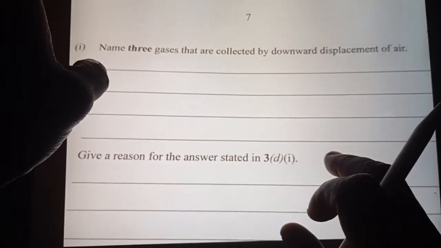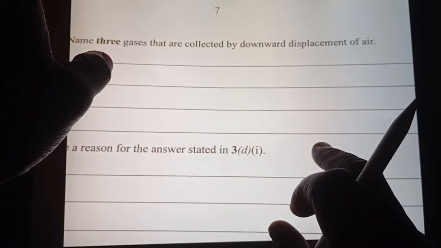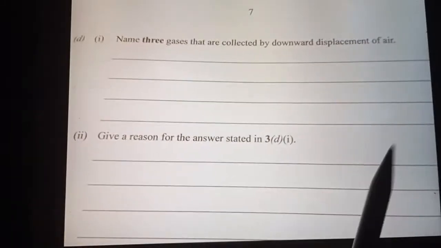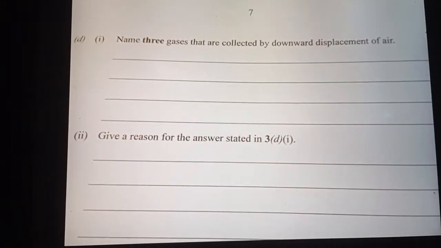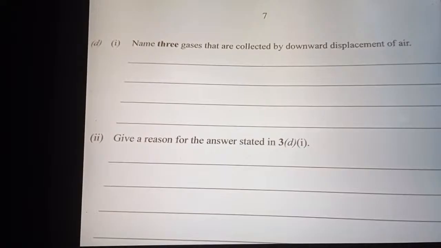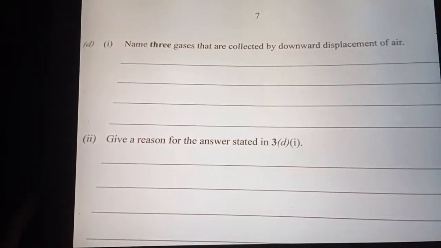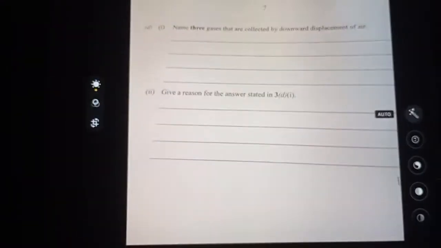Name 3 gases that are collected by downward displacement of air. Downward displacement of air means upward delivery. It means that the gas is up, taking air down. You must understand this term well for you to answer it well.